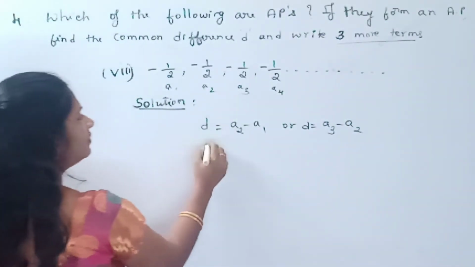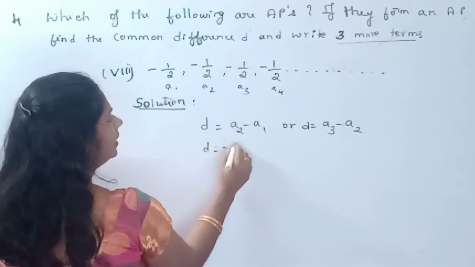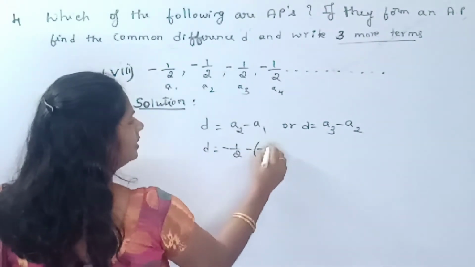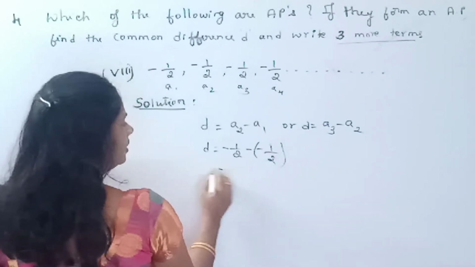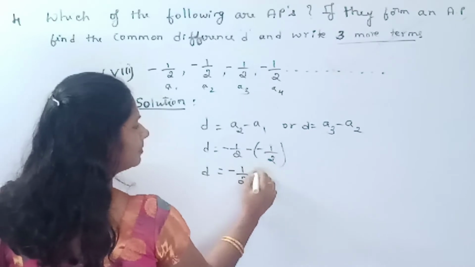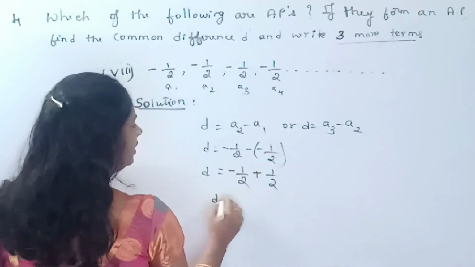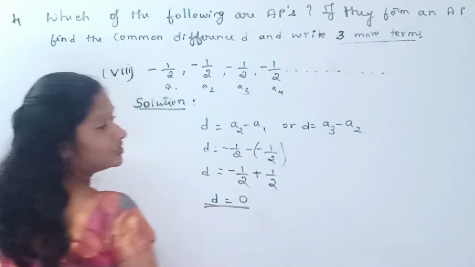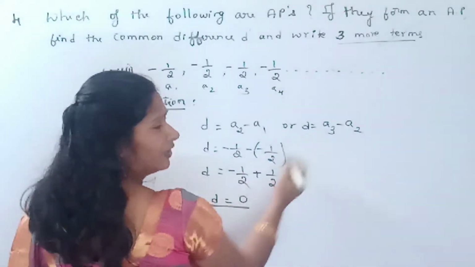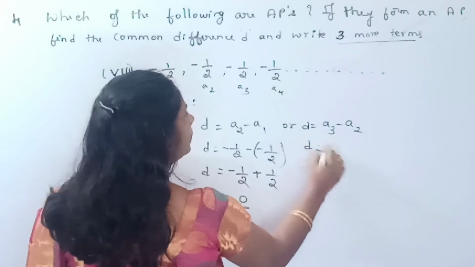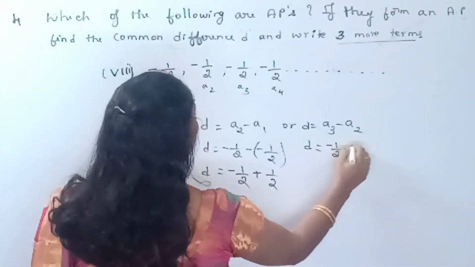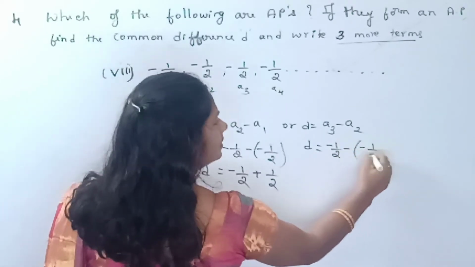So what is the common difference, children? So A2, it is -half minus A1, it is -half itself. So common difference is -half minus of minus, plus half. So what's the common difference, children? So it is 0, isn't it? Same way you can work out here also. You can find the common difference. D equal to A3. So A3 value is -half minus A2 value, it is -half.